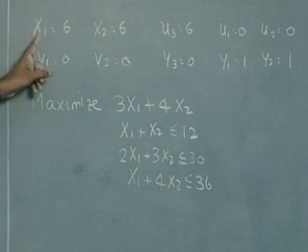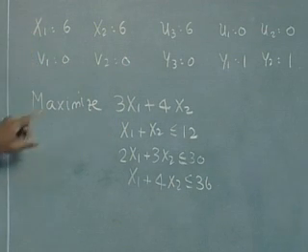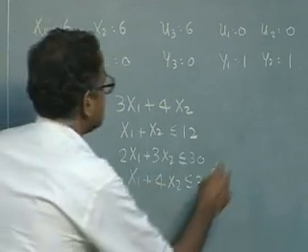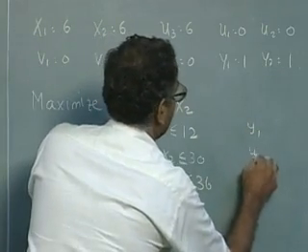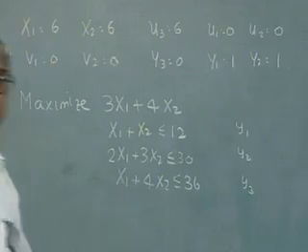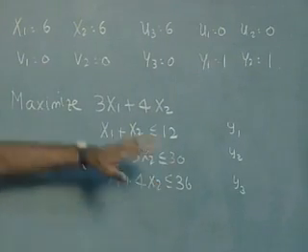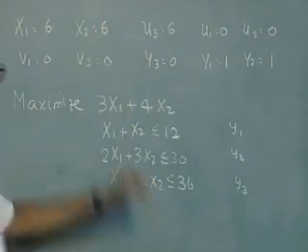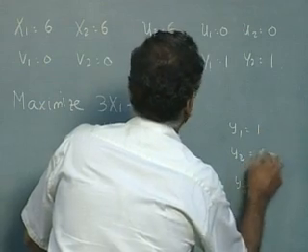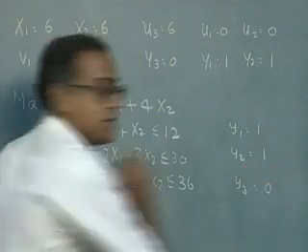If you look at the optimum solution to this, what are the 3 dual variables? y1, y2, y3 are the dual decision variables. From the optimal solution to the dual, we realize y1 equal to 1, y2 equal to 1, y3 equal to 0.